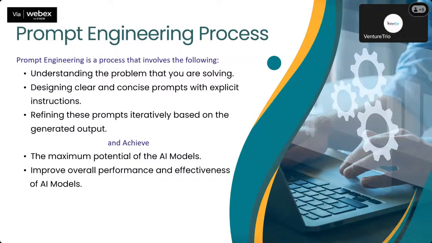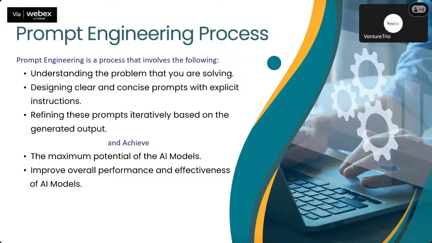For example, if we are in research, we have to write that I am Amit, a research scholar currently working as your domain here. And then you have to write your query with limitations, constraints, etc. Then refining these prompts iteratively based on the generated output.